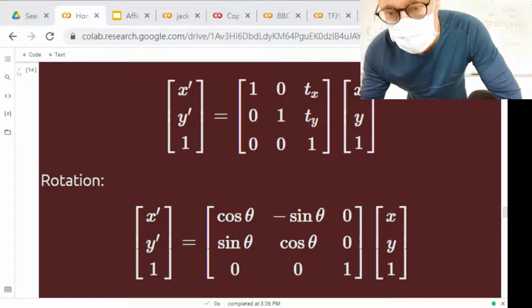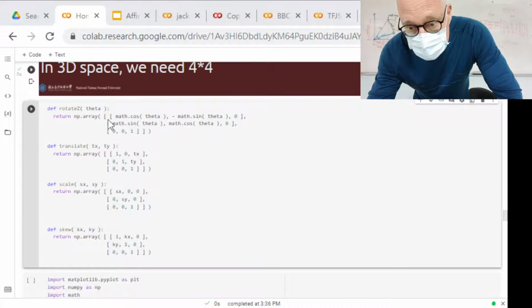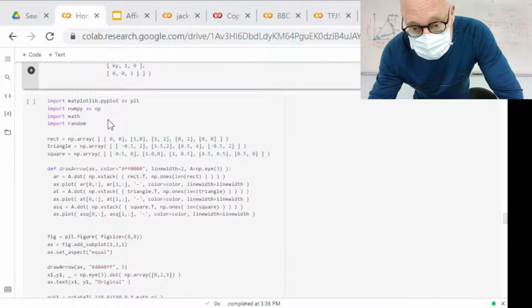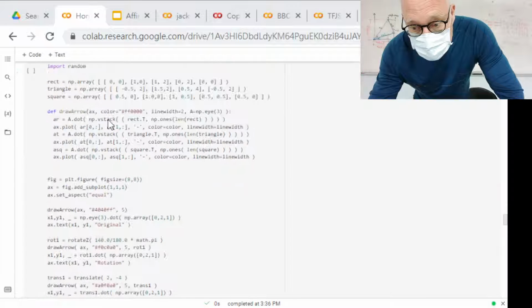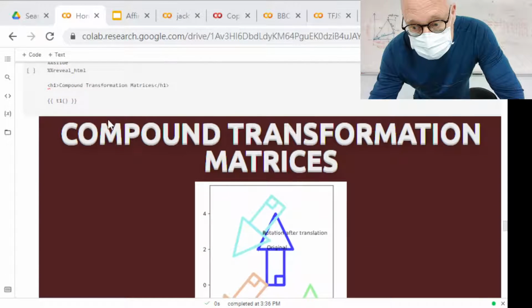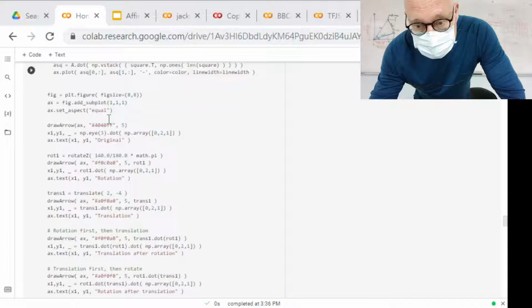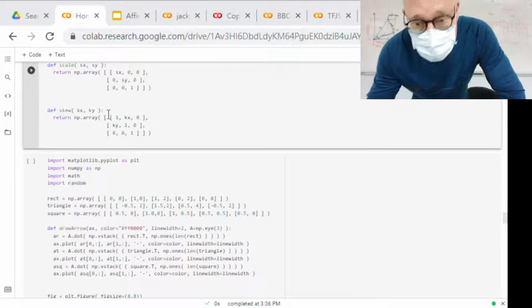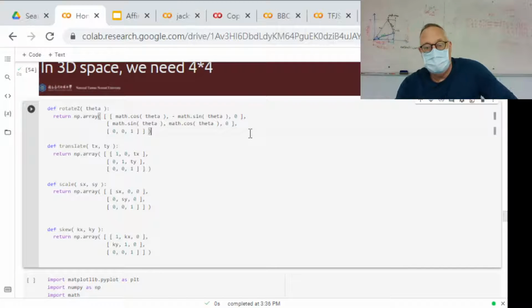Okay. So then let's have a look at the other components. Let's do the compound transformation matrices first. So we can define some functions to just generate the corresponding matrices.